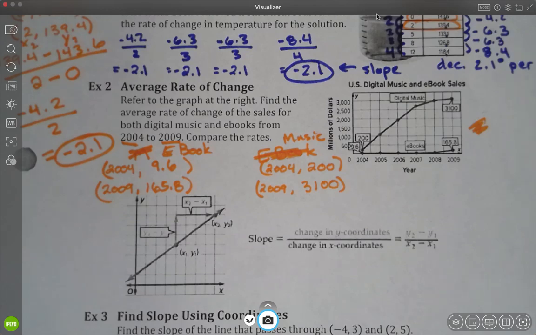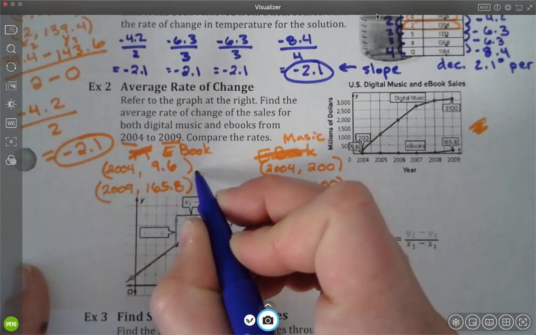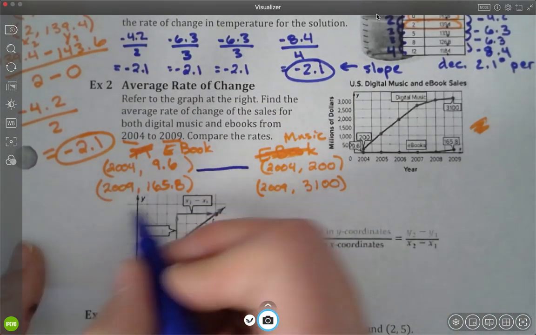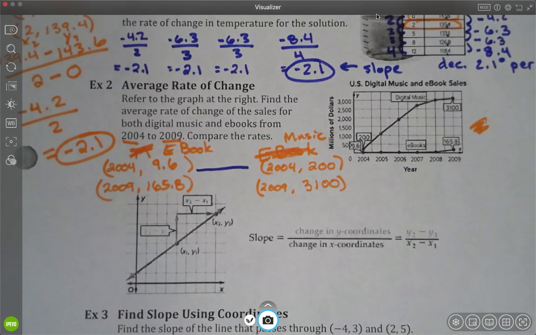Okay, now what is 3,100 million, by the way? Well, in more educated terms, 3,100 million. 3 billion. 3,100 million, right? That's another way of saying that. Okay, so now let's do our y2 minus y1 over x2 minus x1, and I'm going to run maybe out of room here. Okay, what is your second y coordinate over here for ebook?